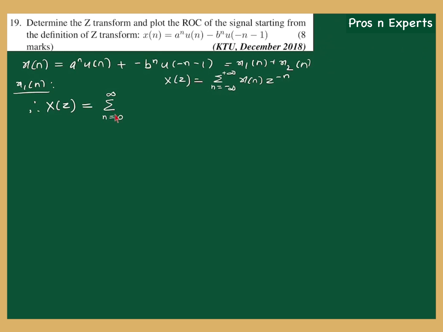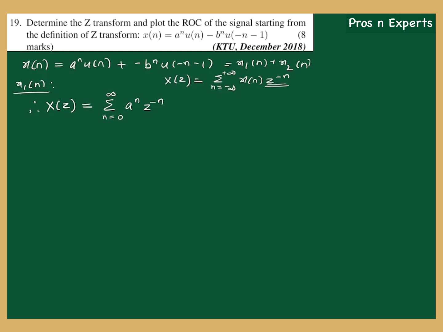So only n equal to 0 to infinity, positive n samples only exist. So I can take the summation from n equal to 0 to infinity instead of minus infinity to infinity. So X of z is a raised to n into z raised to minus n.